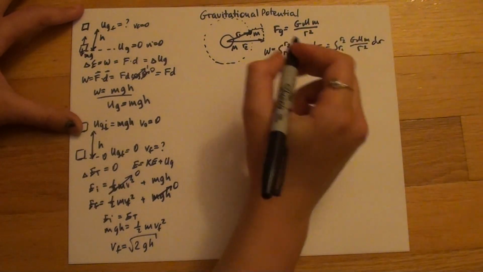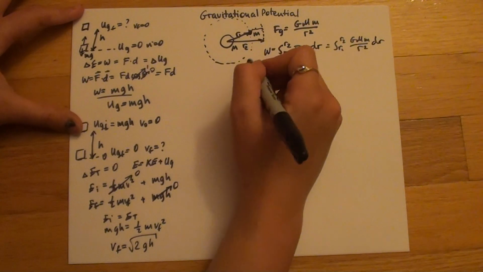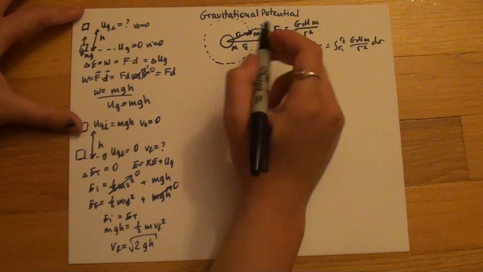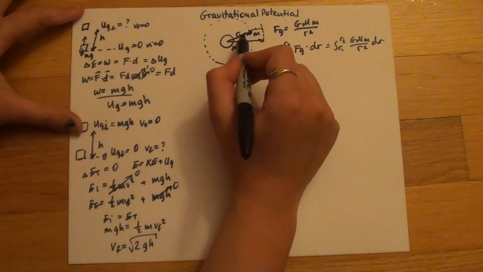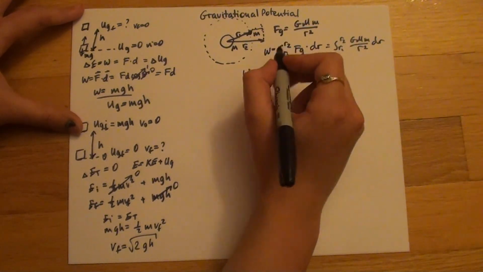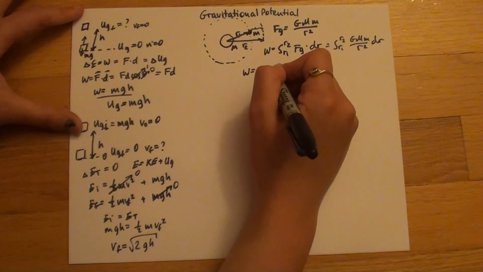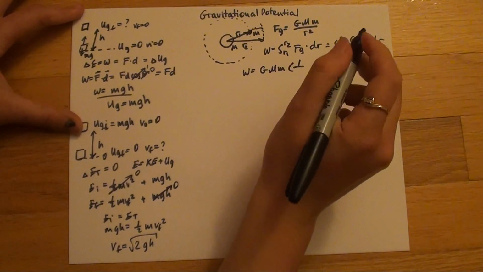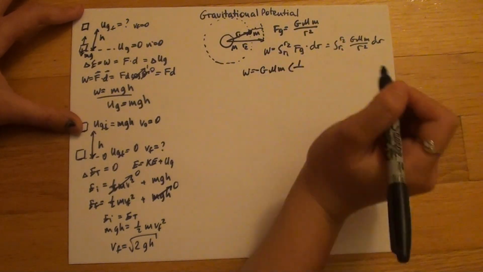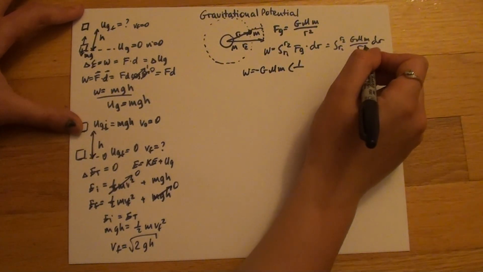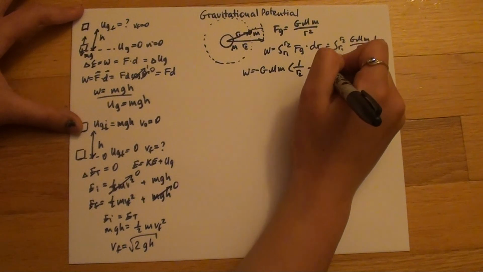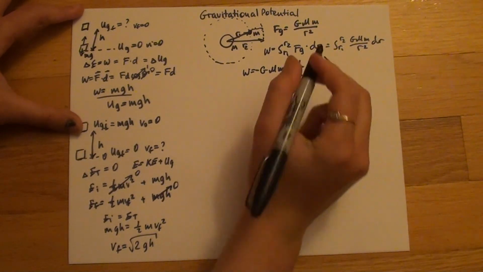When I solve this integral, the work done on the satellite to get it out of R1 and into R2 would be the constant times the masses times negative, because this is R2, so it would be times negative (1 over R2 minus 1 over R1), right?